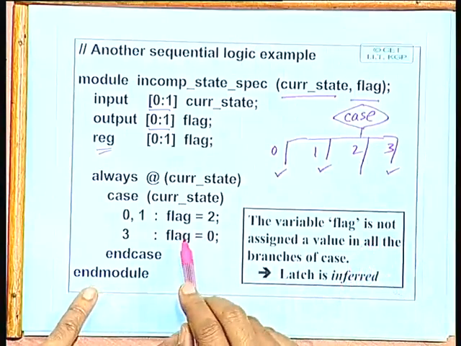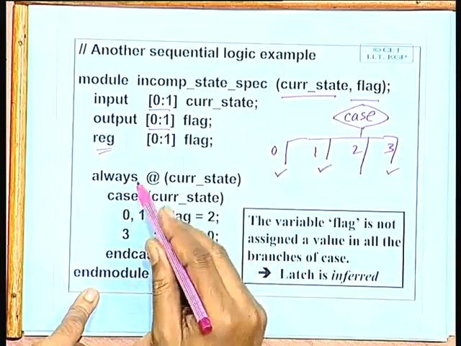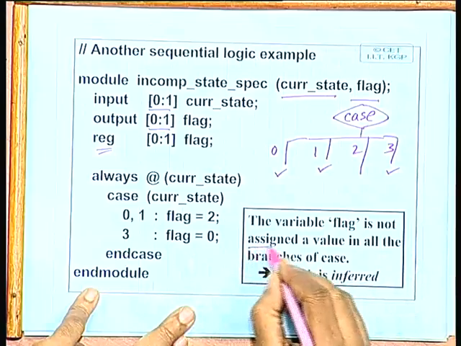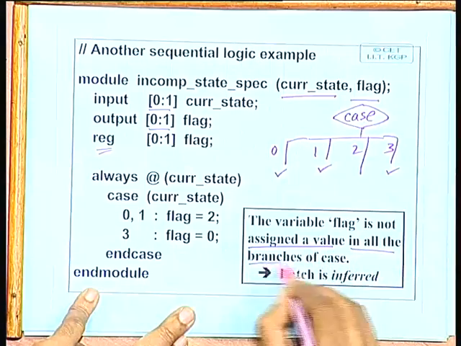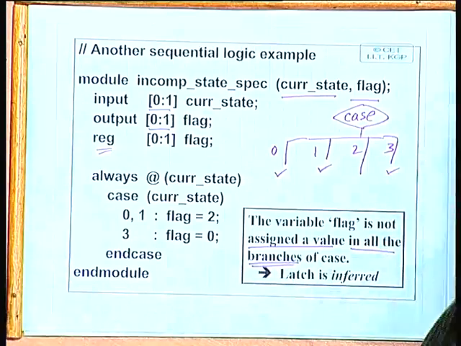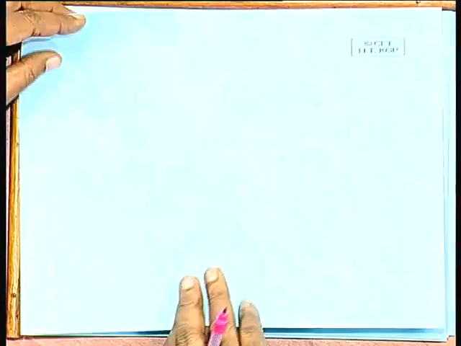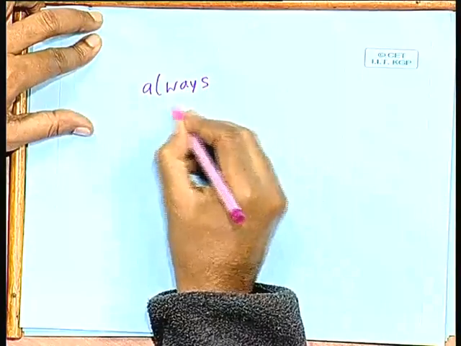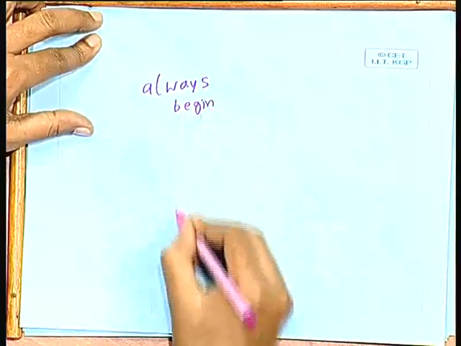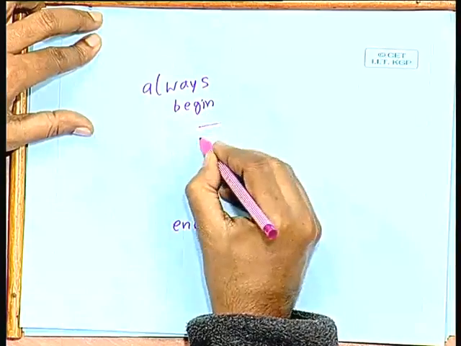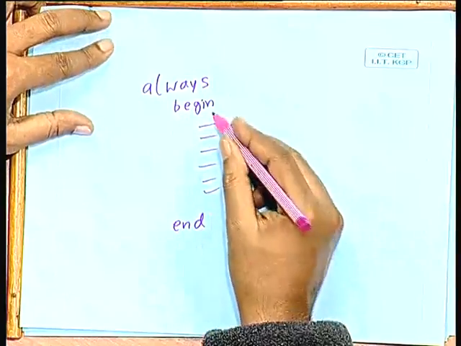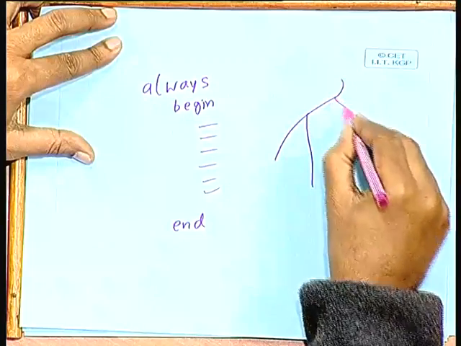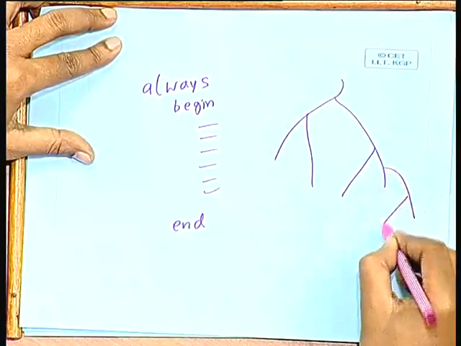So, this is what the synthesizer looks at: whether inside the always block the variables you are assigning values to get assigned a value for all possible branches. Suppose you have an always block with begin end, and several statements, there can be several if statements, case statements, whatever. If you do a code analysis, there are a number of possible paths of execution depending on the if then else.